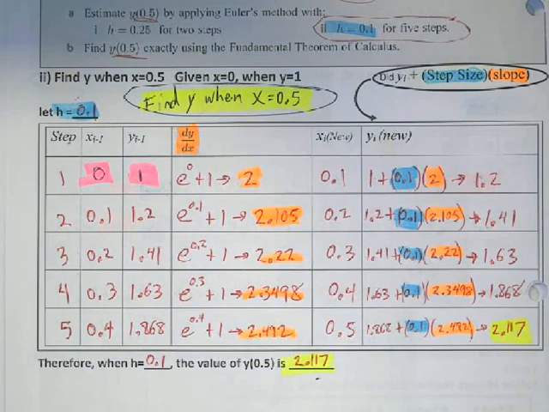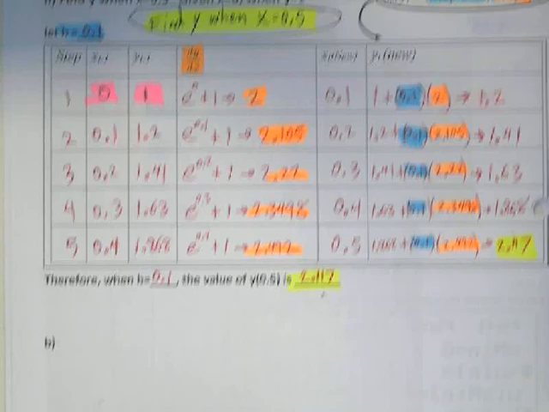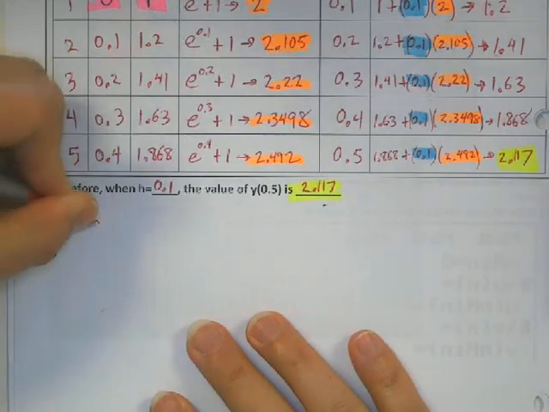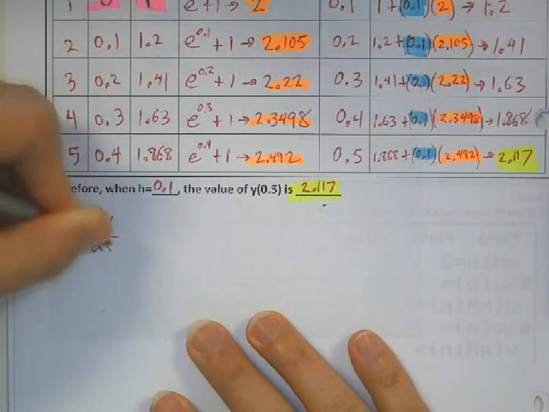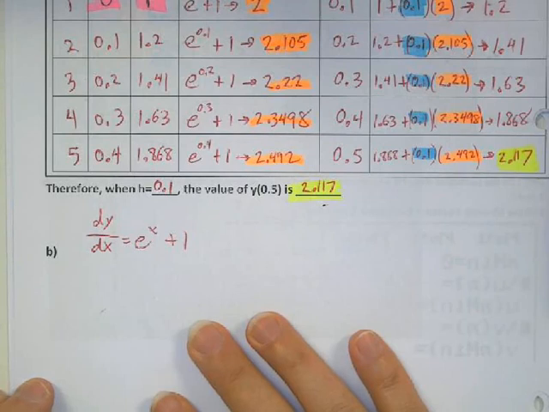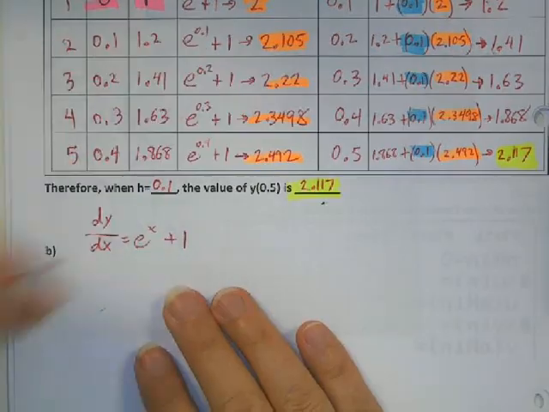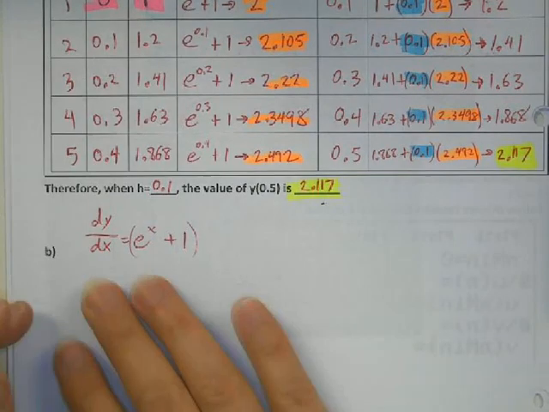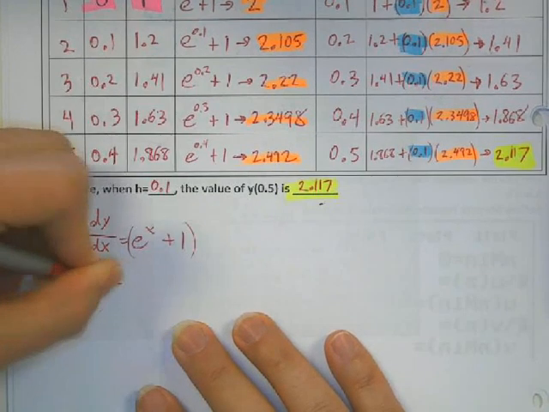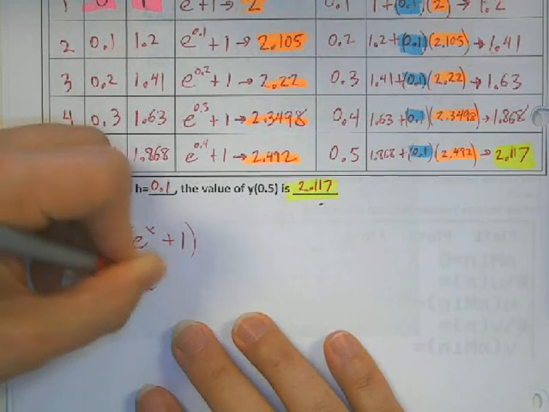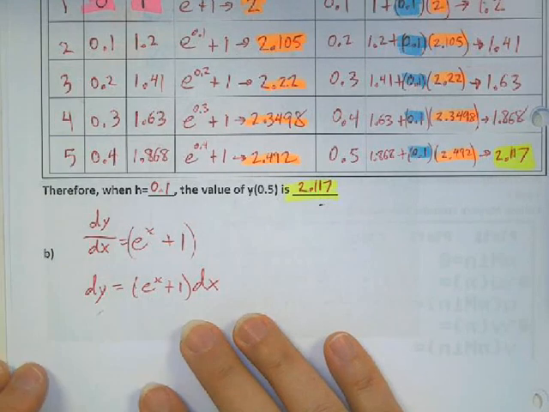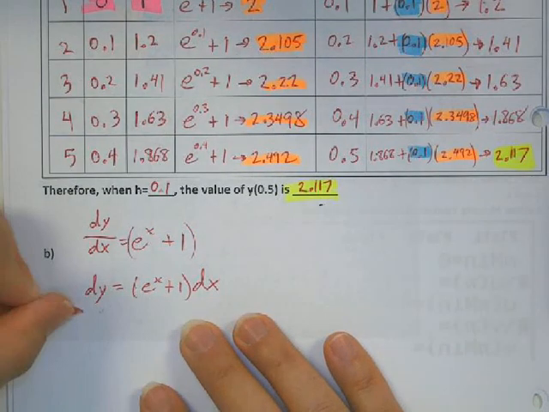So we're going to do like what we did in an earlier section, where dy/dx equals e to the x plus 1. Using differential equations, I can multiply both sides by dx, and I get dy equals e to the x plus 1 times dx. Now I'm going to take the antiderivative of both sides.